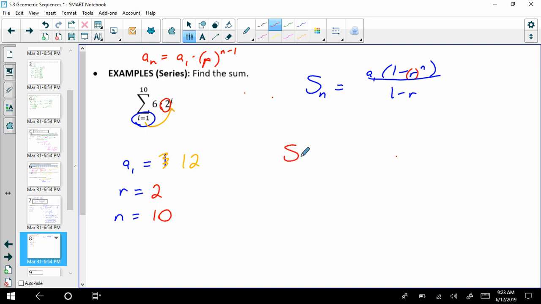So now let's substitute in. So that's what I want to do. I would quickly simplify the bottom.